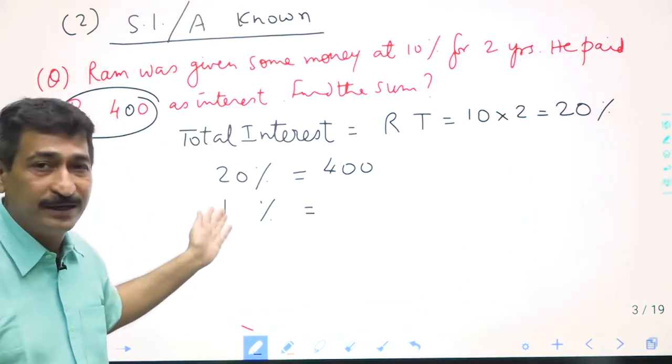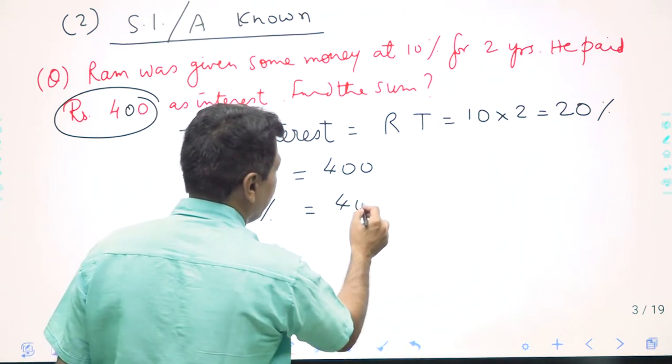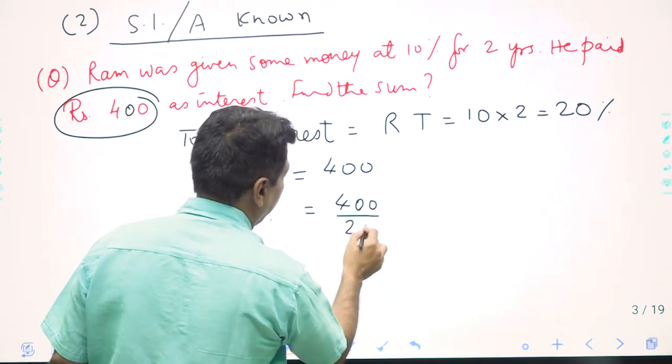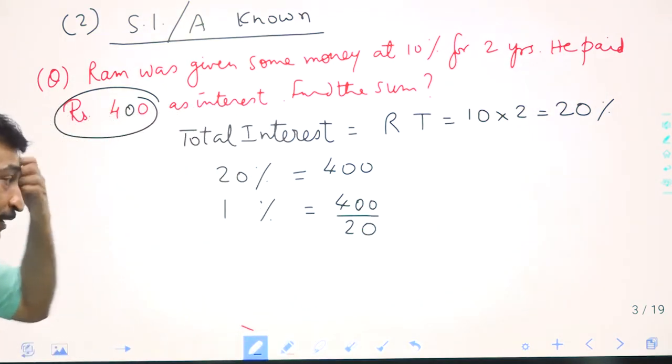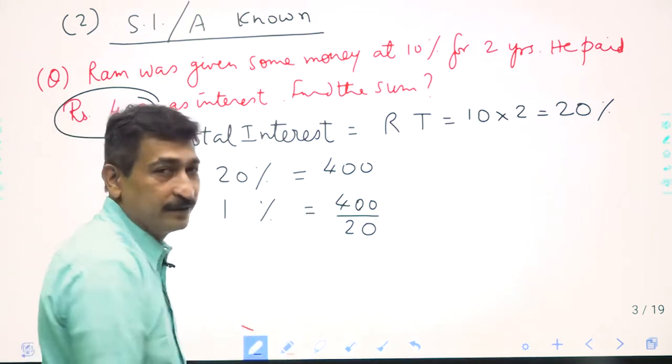Divide 400 by 20. जब भी एक का निकालना होता है, we divide. So 400 total rupees है, divide by 20. So 1% is 400 upon 20.